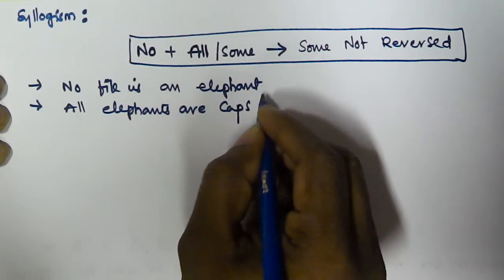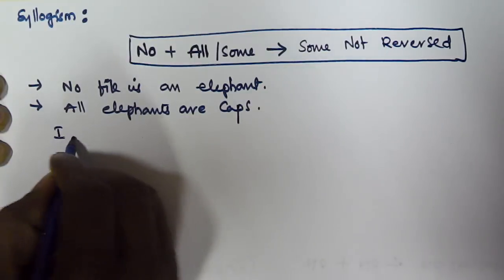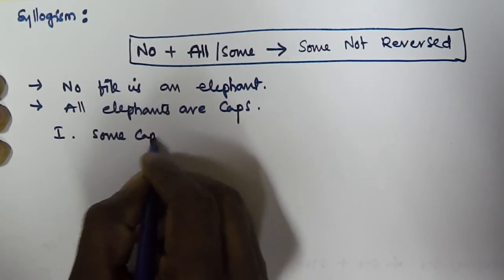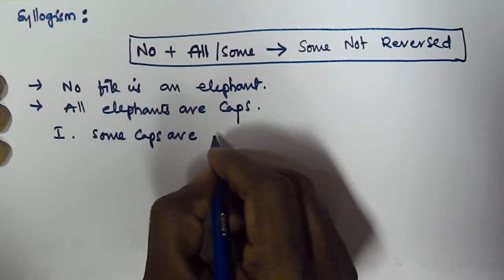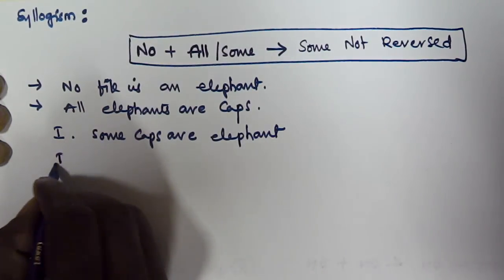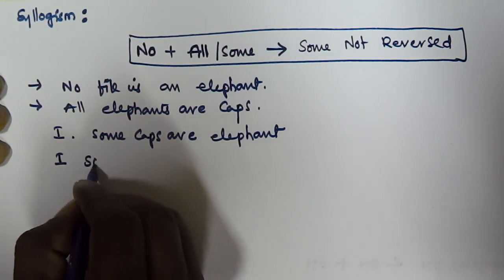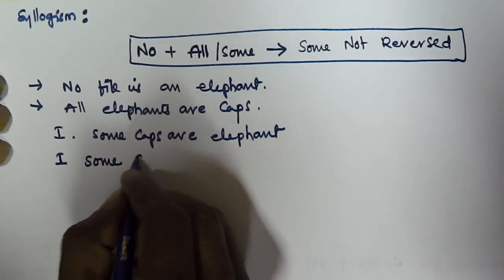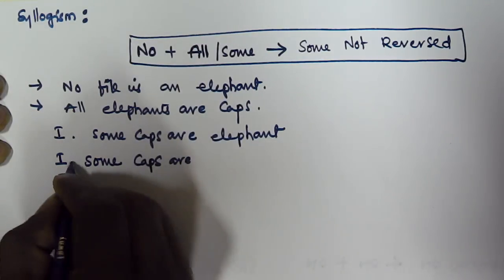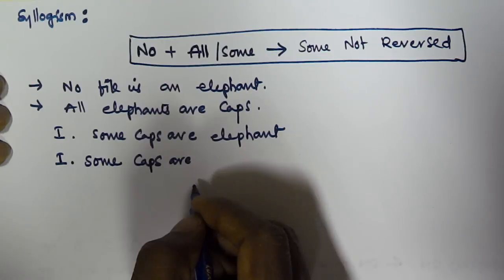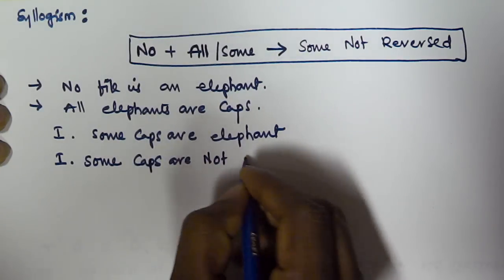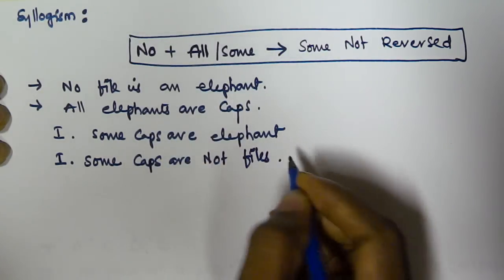The first conclusion given is: Some caps are elephants. And the second conclusion is: Some caps are not files.